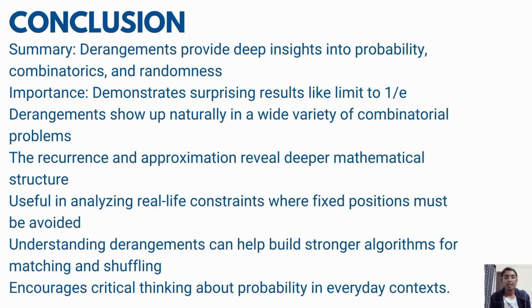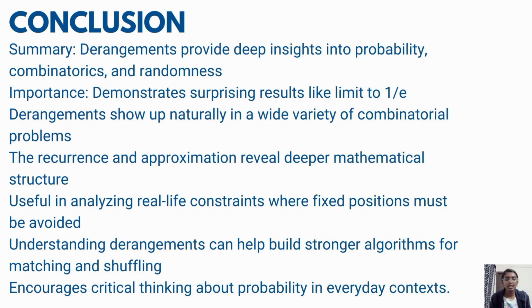Conclusion summary. Derangements provide deep insights into probability, combinatorics and randomness. Importance: they demonstrate surprising results like the limit of 1 by e. Derangements show up naturally in a wide variety of combinatorial problems.